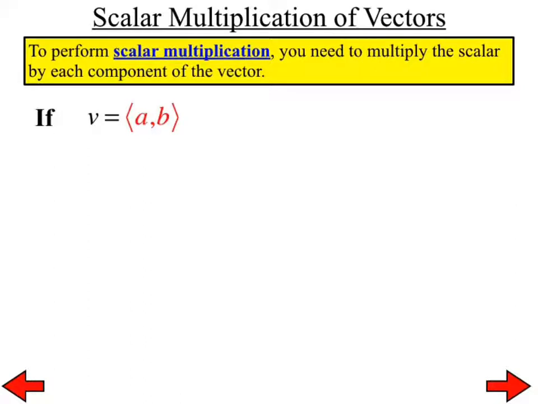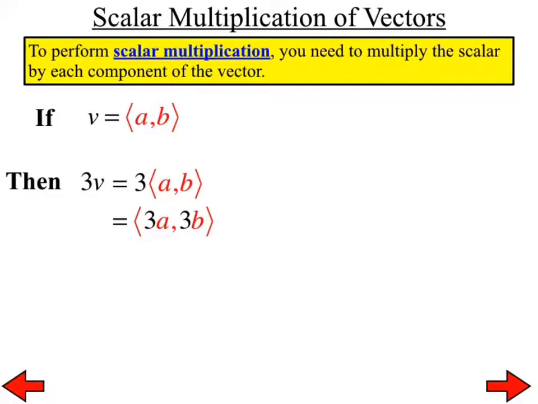So if you have vector v in component form a, b, it should make sense to you that 3v would be a times 3, b times 3. You're multiplying each component of the vector by that scalar.